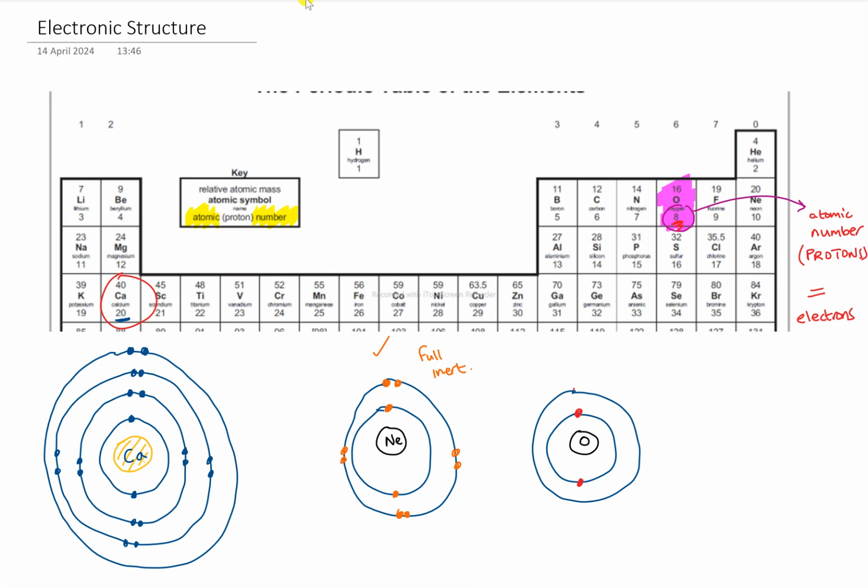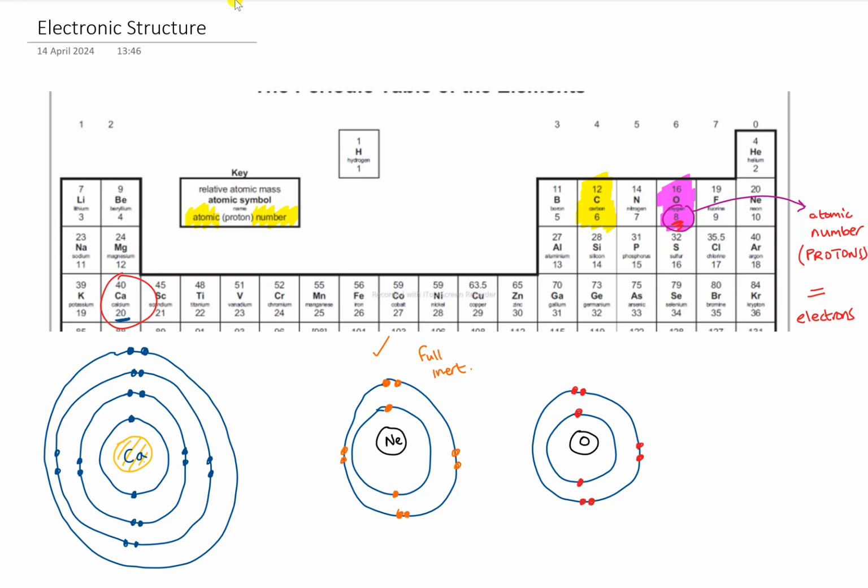So I do this. 1, 2, 3, 4, 5, 6. I've just drawn the electron structure for oxygen. Last one. And then we'll discuss a different way of writing it.